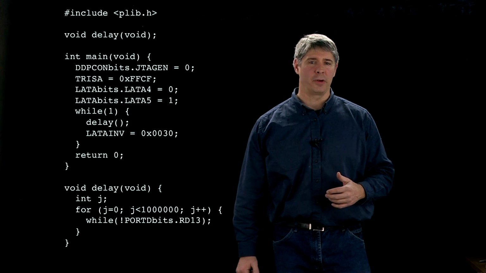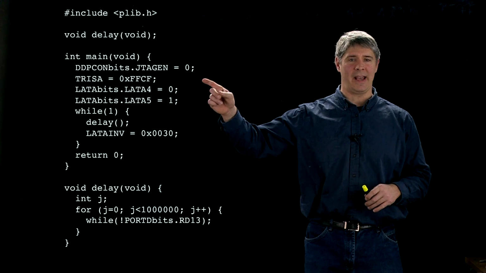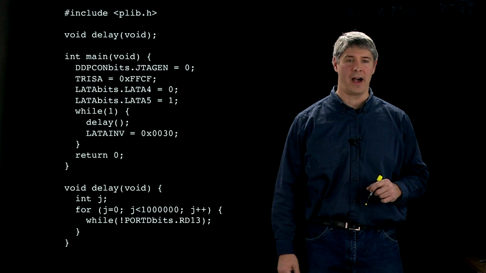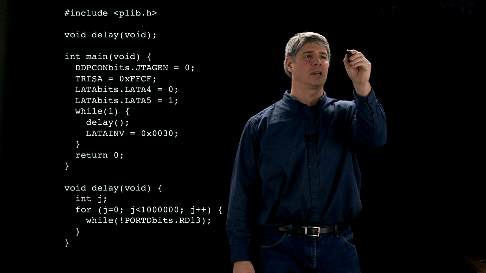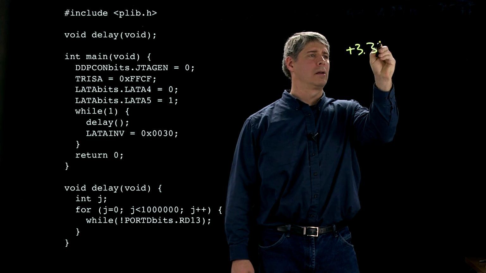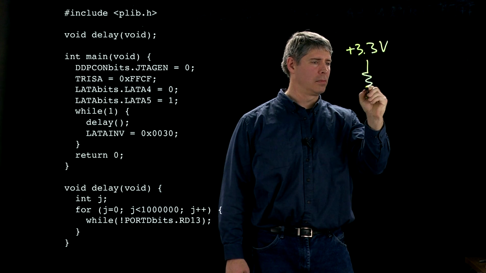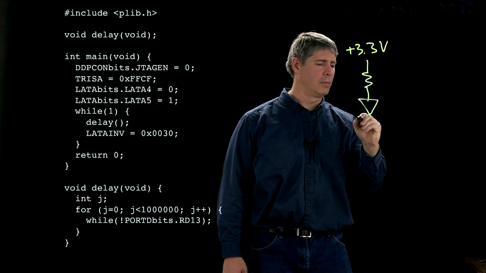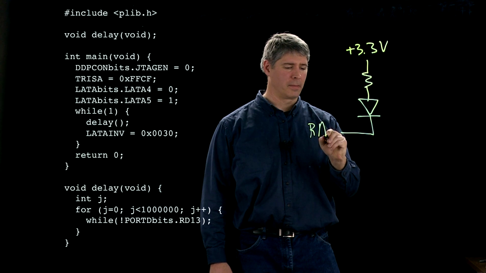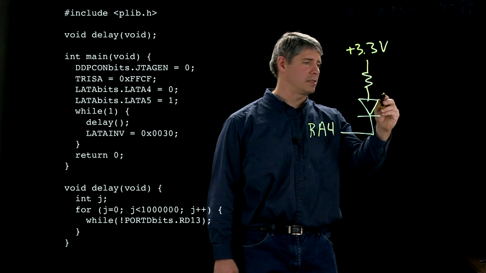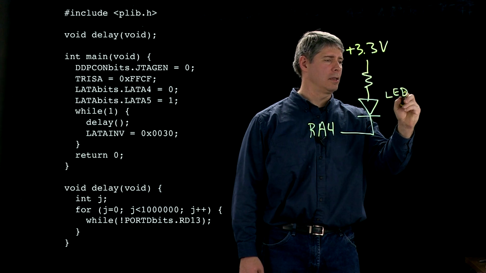Now, on our Nu32 board, the lat_a 4 and 5 pins are connected to our LEDs through a circuit that looks like this. This is, say, RA4, and this corresponds to LED1.